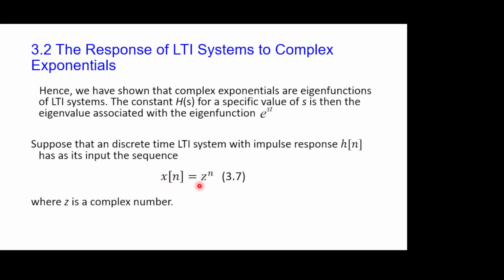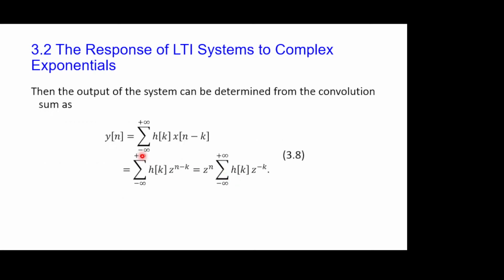Anyway, we will do a very similar derivation. So x of n equals z to the n, and we just plug into the convolution. So the discrete time convolution h convolved with x equals the summation over k from minus infinity to plus infinity of h of k times x of n minus k. Oh, I should say k here.